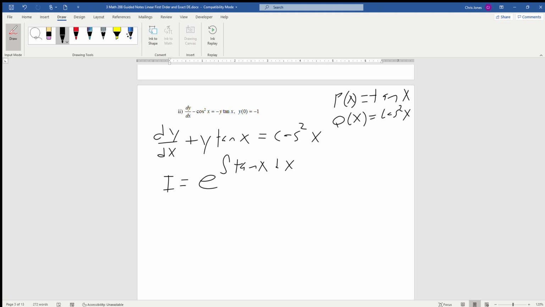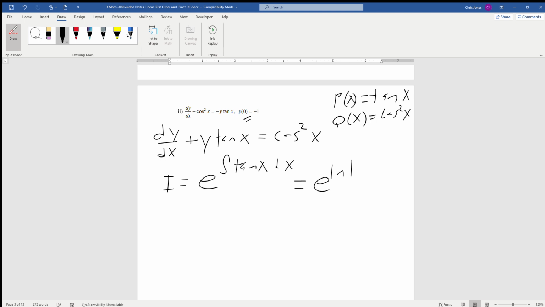Now this is a sneaky one. All right, and this is where you might want to have that small sheet of integrals that I provided for you, because the integral of tan x, to do that by hand is not nice. But fortunately we can just look at it, and this just becomes e to the ln of the absolute value of sec x.